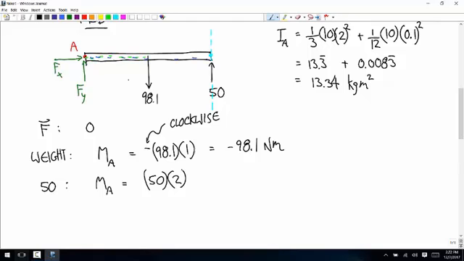And would that force make it rotate clockwise or counterclockwise around A? Counterclockwise, so this one's positive. And so you get positive 100.